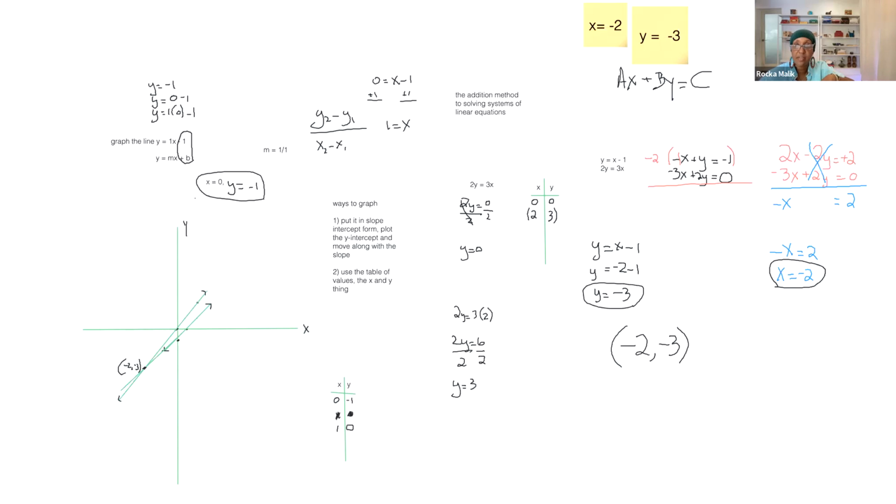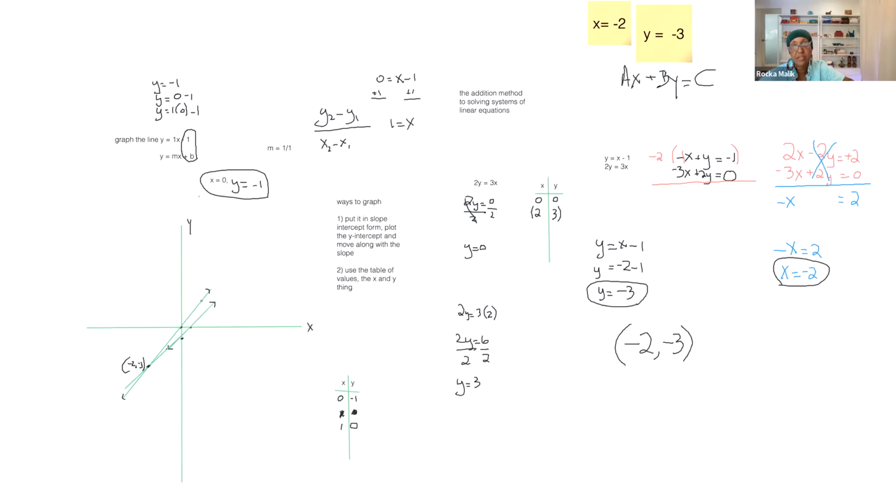I take one line and I add it to the next line. I manipulate it a little bit to see what I can get rid of. Figure out my x and y point, and this point works in both equations. That's basically what that is. It's the same thing as graphing one and graphing the other one.